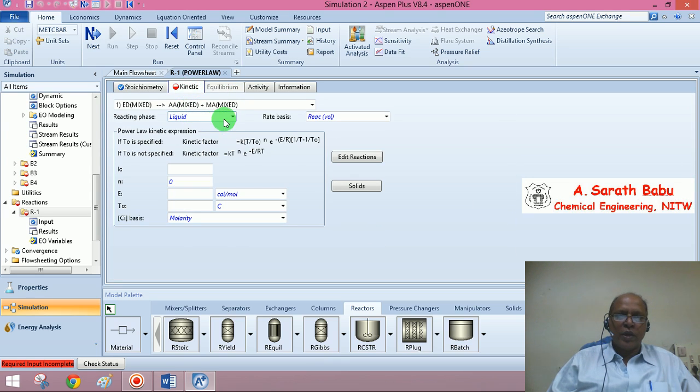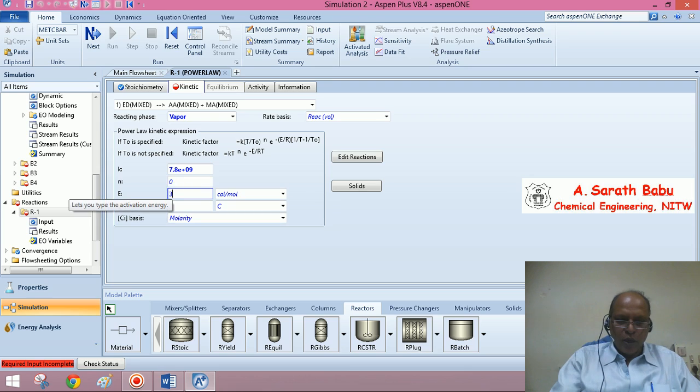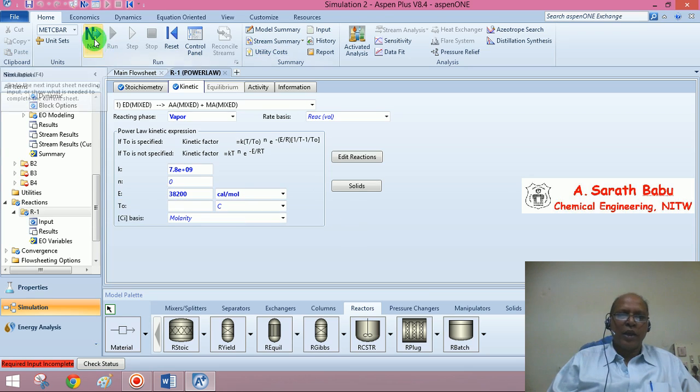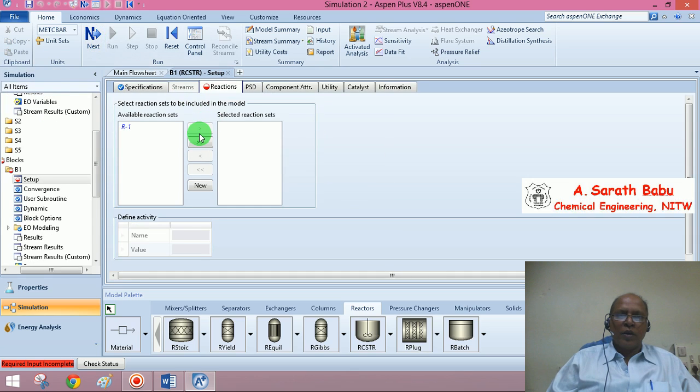Now let us specify the kinetic information. K is 7.8 E9 and the value of E is 38,200 calories per mole. Say next. So this is the reaction that is being conducted. Say next. We have specified block 1.